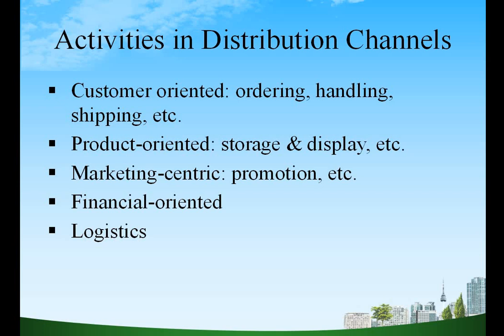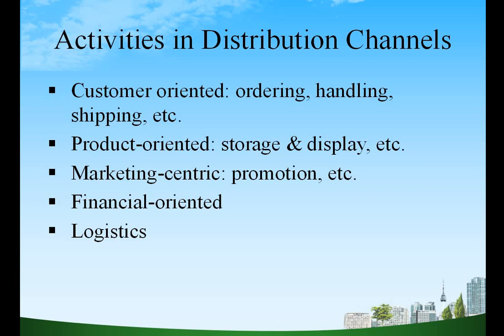The second category is product-oriented activity, where the products are stored and displayed at various points of sale. The third essential activity is marketing-centered activity, where it involves advertising efforts, sales promotion efforts, and so on.